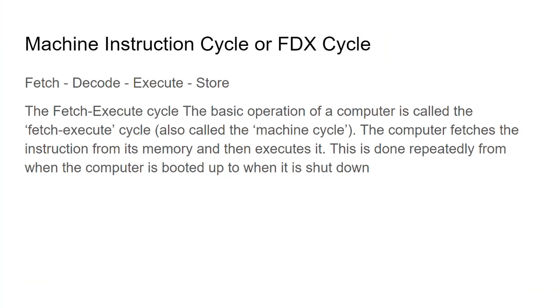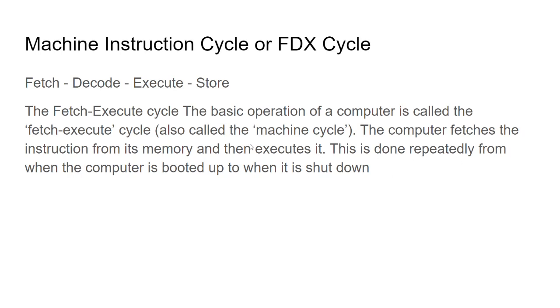Now, the machine instruction cycle, or the fetch, decode, execute and store cycle, is the basic operation of a computer, also called the machine cycle, where the computer fetches the instructions from its memory or RAM and then executes them.